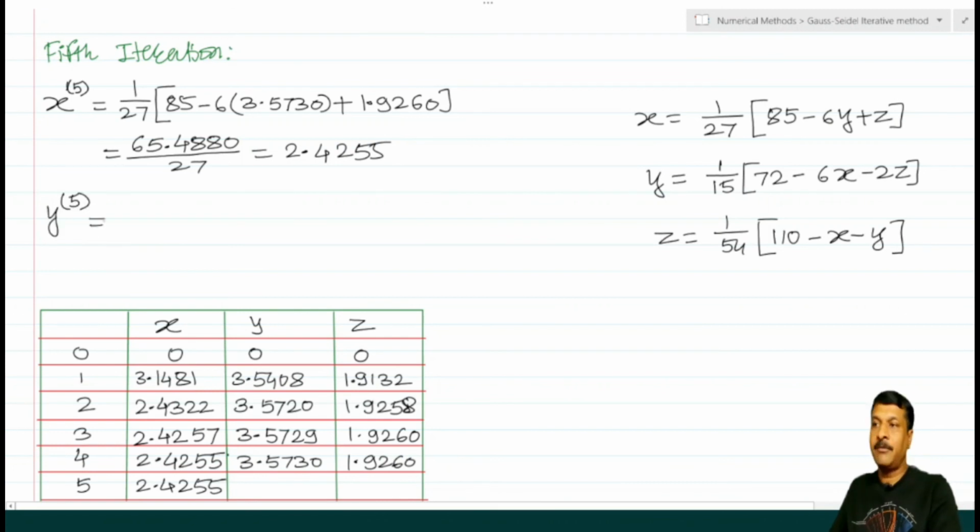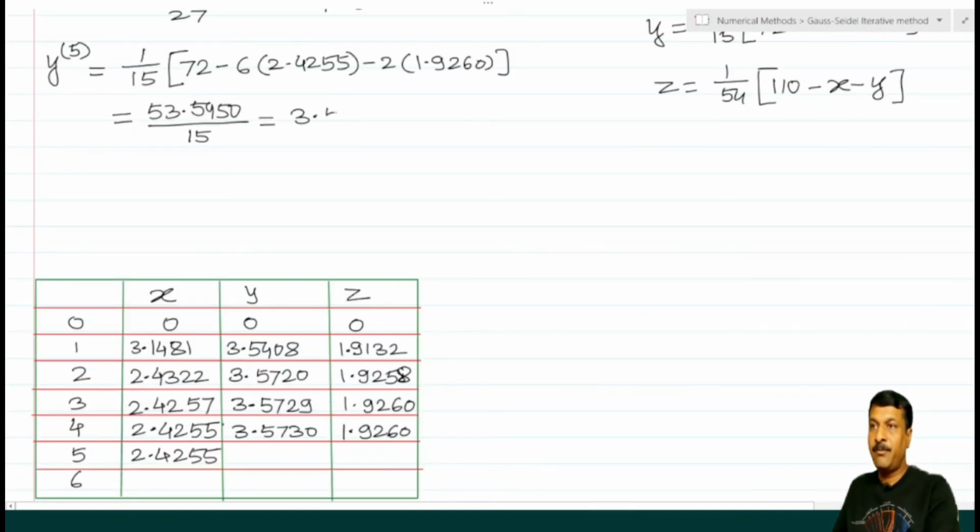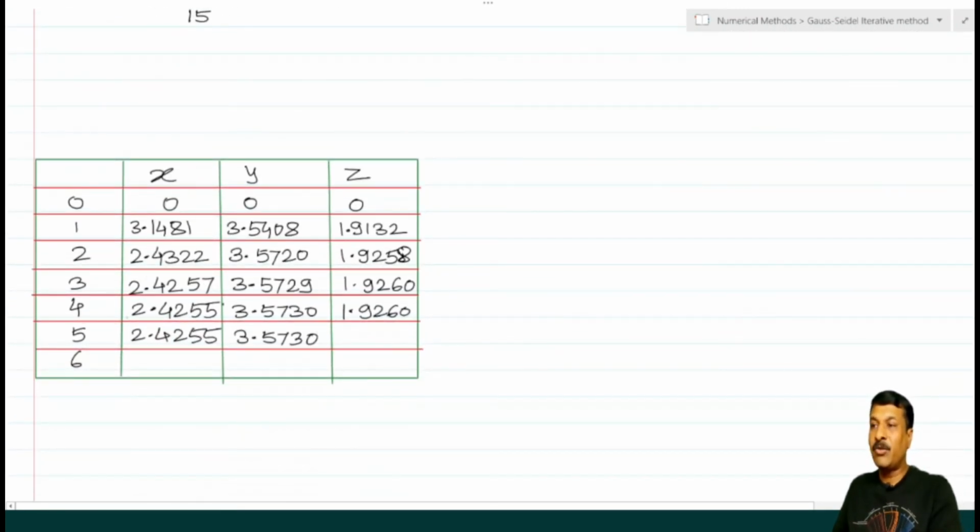Now y, using the equation 1 by 15 and recent values of x and z: 72 minus 6 times x, which is 2.4255, minus 2z, recent value 1.9260. So I am getting the value of y as 3.5730. It is the same value. So definitely the last value will be the same, because if we have these two values the same, definitely the third value is also the same.